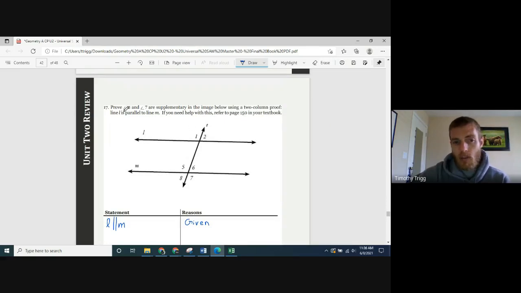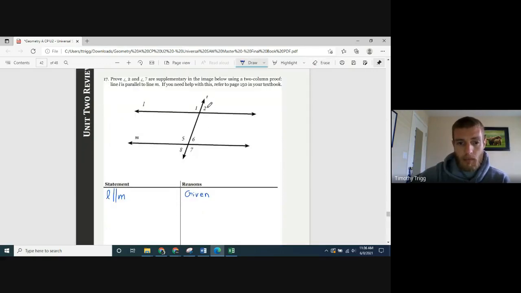We want to somehow come up with a relationship between angles 2 and 7 here, right? So we want to relate angle 2 to angle 7. Here's angle 2 and here's angle 7. What I would start with is I could relate angle 7 to angle 1, because I know angle 7 and angle 1 are congruent to each other.